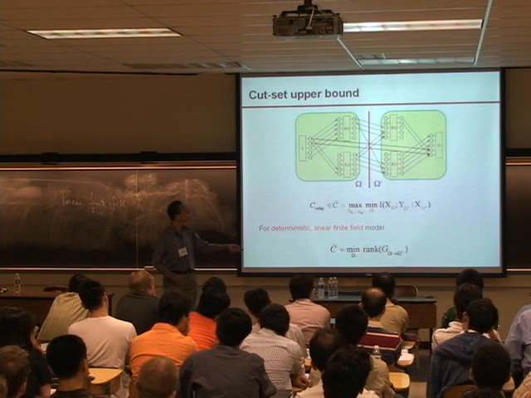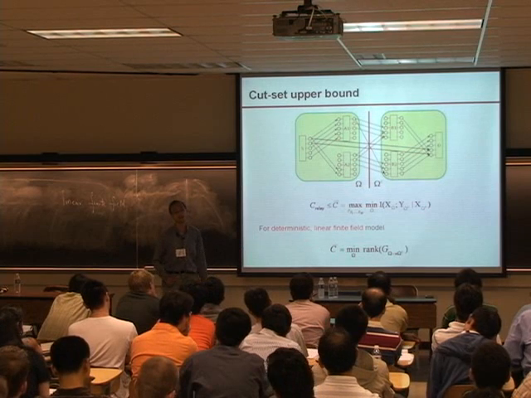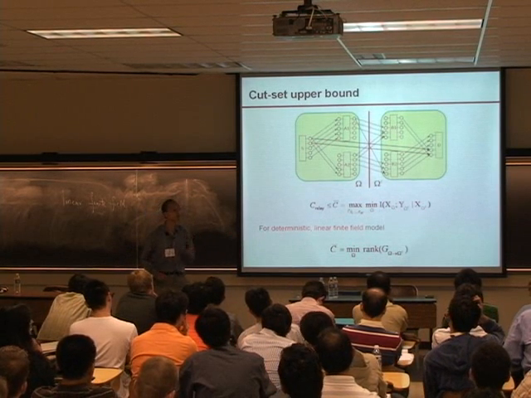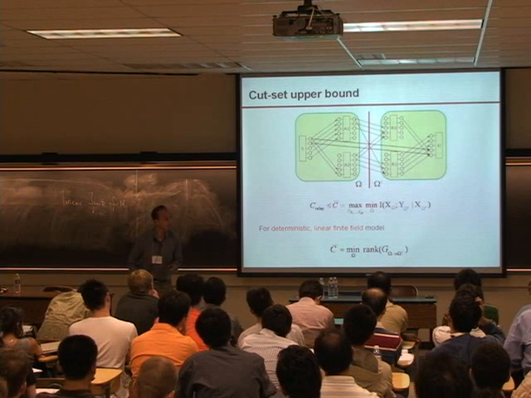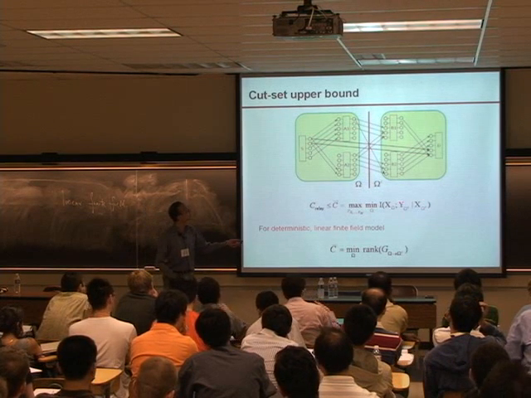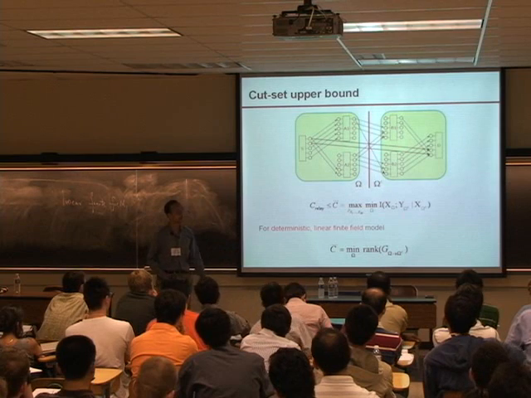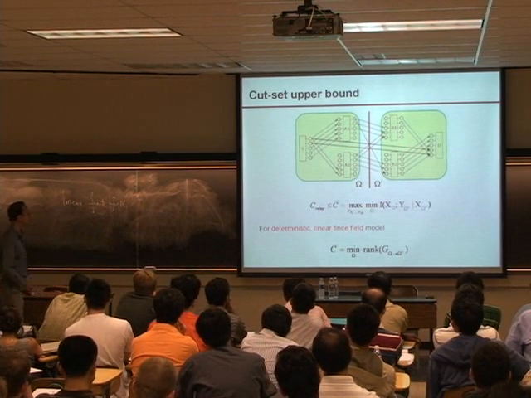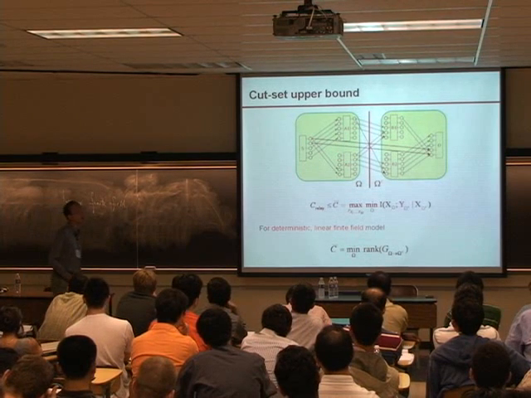So I claim that this Cutset bound is equal to this value. Now, this is a vast simplification from this. Number one, there's no maximization anymore of the input distribution. Number two, the mutual information can actually be computed very easily. Now, why is that? And here lies, again, what I said this morning, the simplicity of the finite field model.